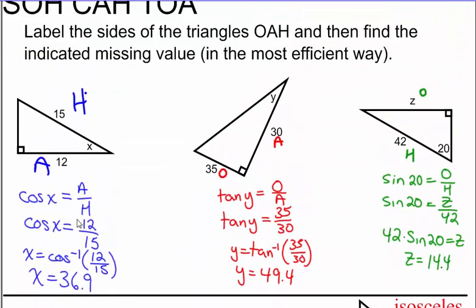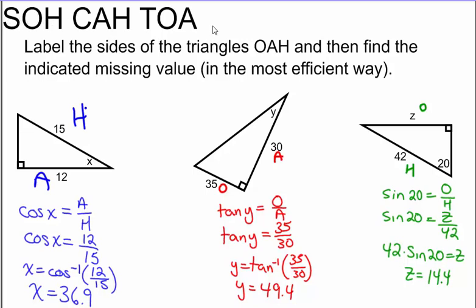And then finally, once we know that, we can use SOHCAHTOA to determine whether we want to use the sine ratio, the cosine ratio, or the tangent ratio. And after that, it's just a matter of writing the equation down as a ratio, and solving it.